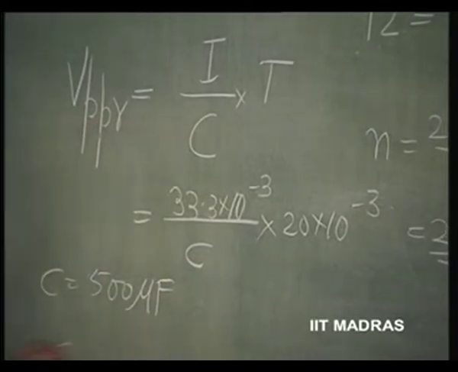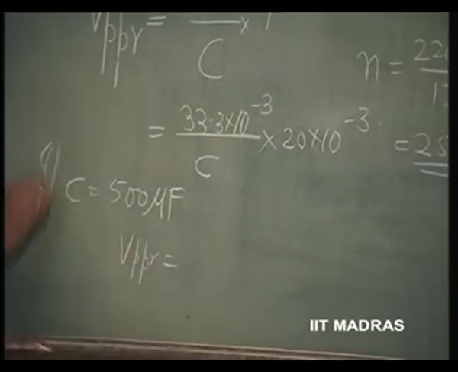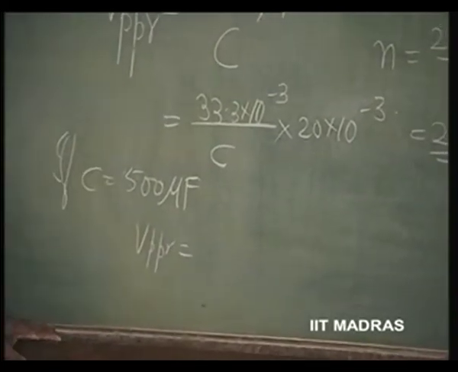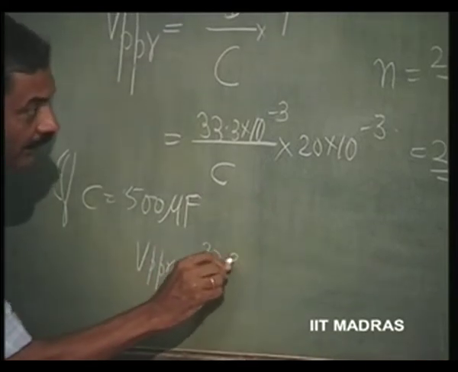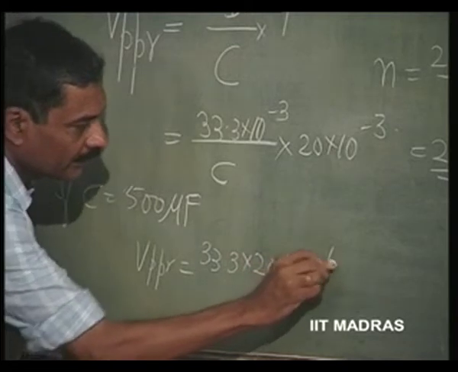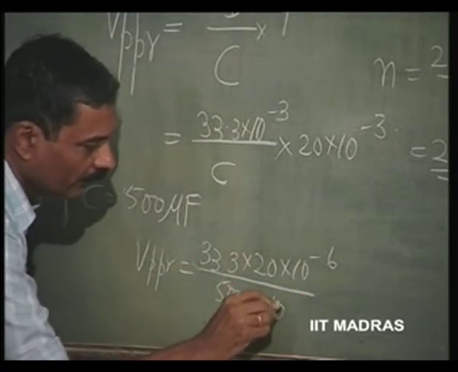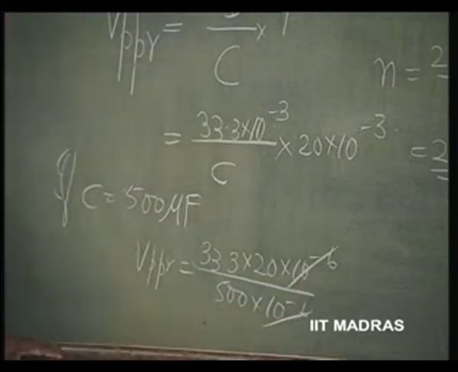Then the peak to peak ripple is going to be 33.3 into 20 into 10 to the power minus 6 divided by 500 into 10 to the power minus 6. So, how much is that roughly?